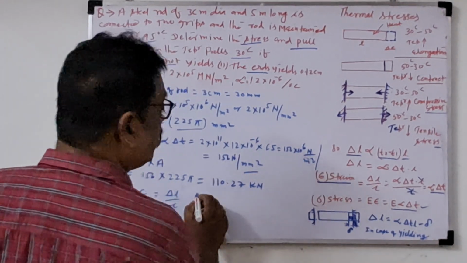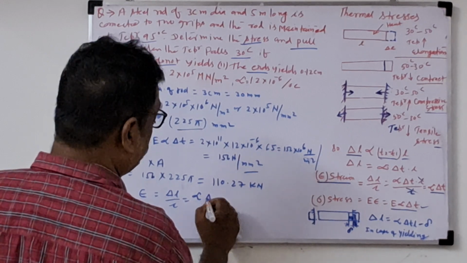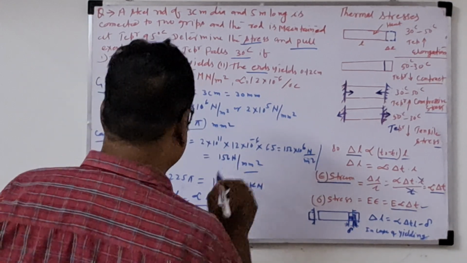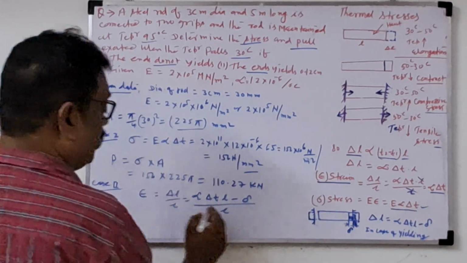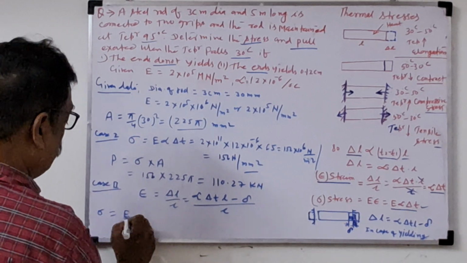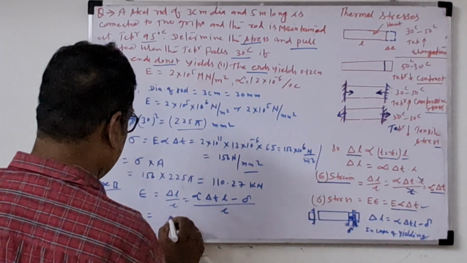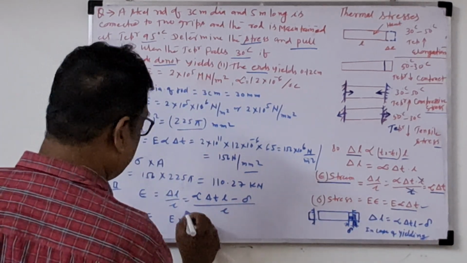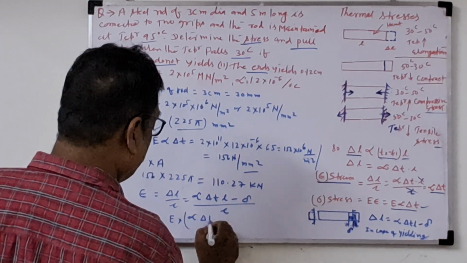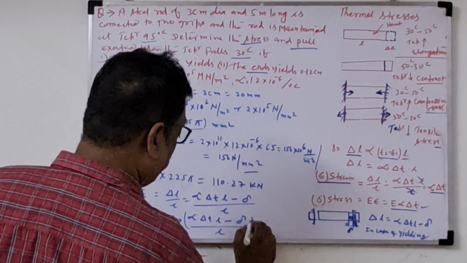Change in length is nothing but alpha, the linear expansion, then delta T into L minus delta, by L. This is coming, what is it? Strain. Now what is the stress? Stress you know is E into strain. So E we wrote, and strain we will write here: thermal expansion, alpha delta T into L minus delta, by L.